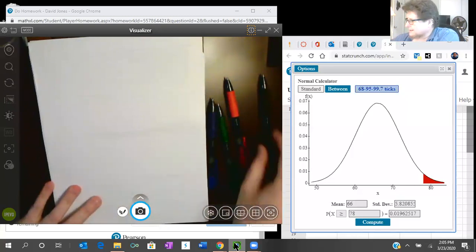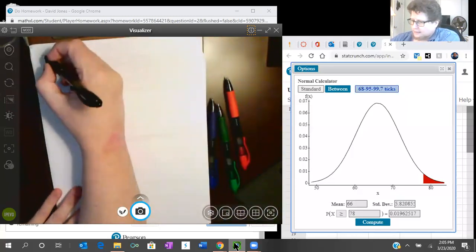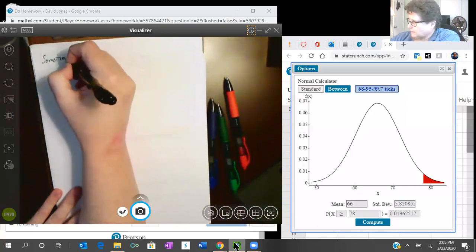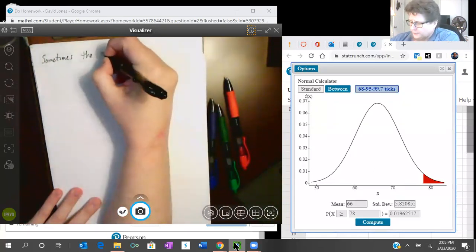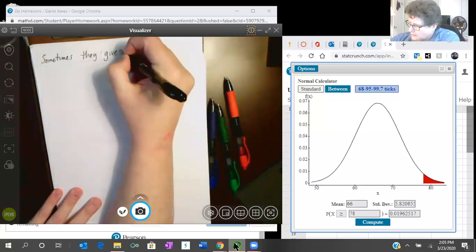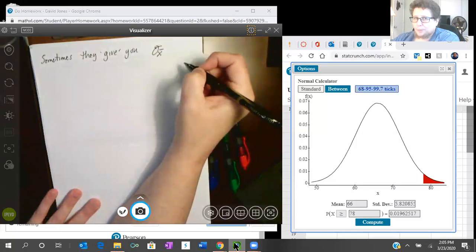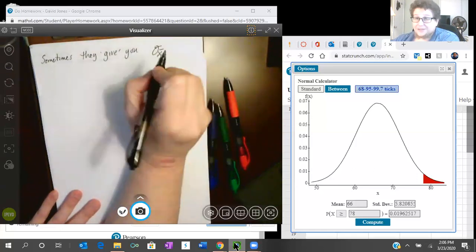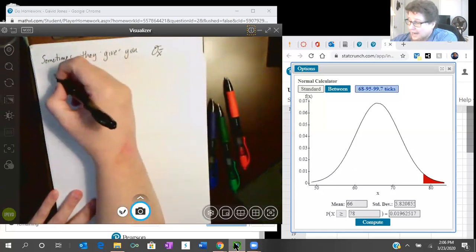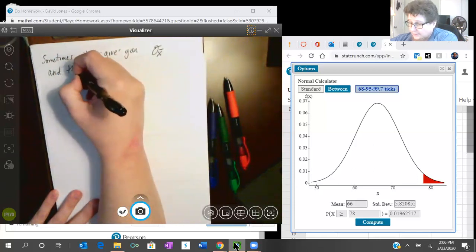So sometimes they give you sigma of the sample mean, the standard deviation of the sample mean, not the population, and they give you n.